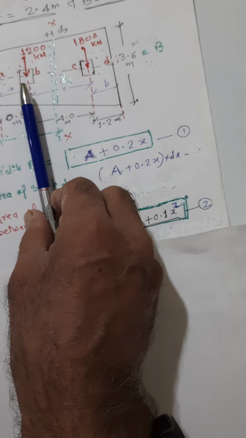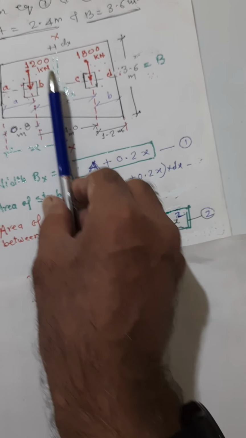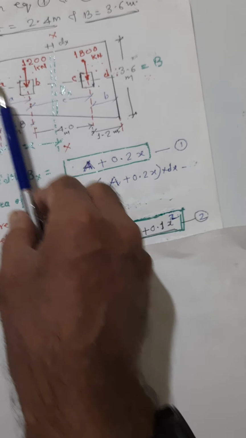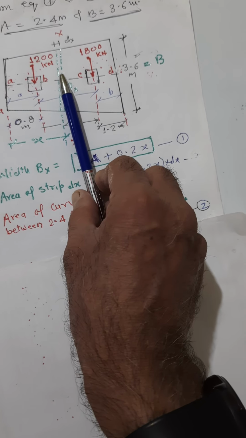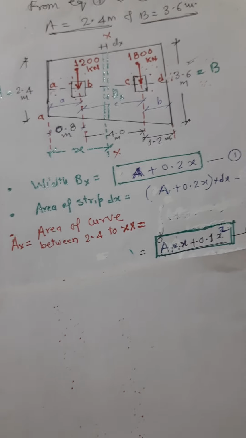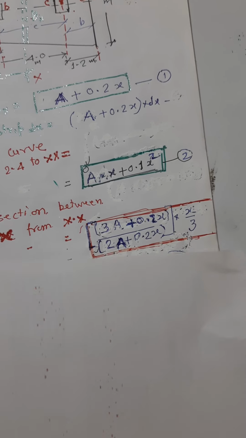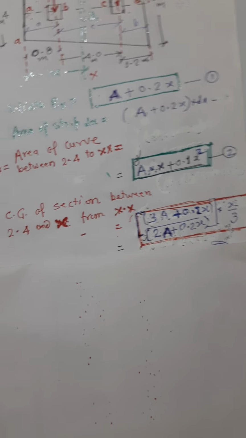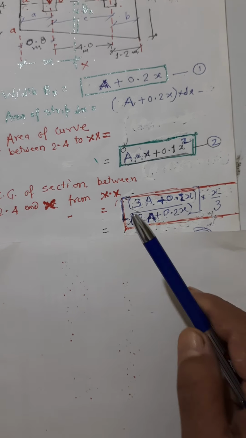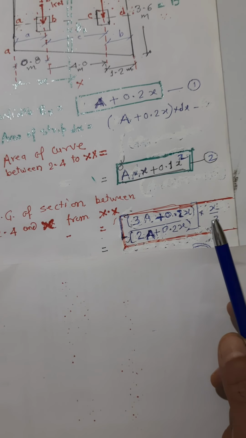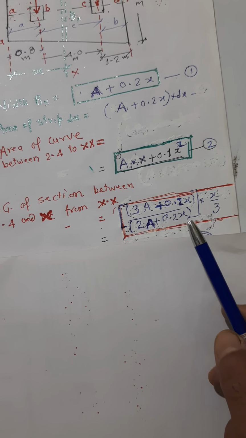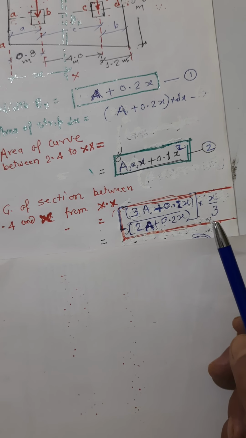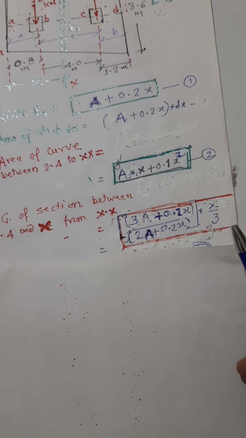That is x bar now, the CG from here for this section. If this is a trapezium section, then the CG from here we can call x bar. Again we will have another equation just to find the CG, that is (3A plus 0.2 of x) upon (2A plus 0.2 of x), whole into x by 3.